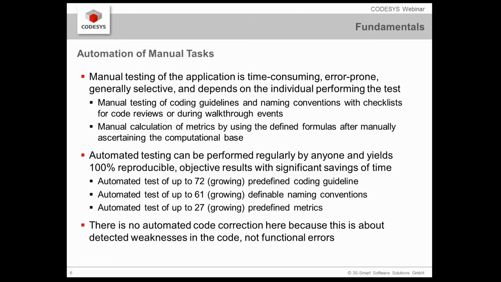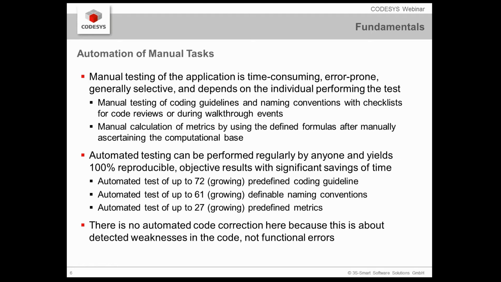That's valid for the coding guidelines and the naming convention. The metrics themselves can also be calculated manually. So a certain person has to review the code, has to pick all the specific items in the code, and then he has to calculate the metric.